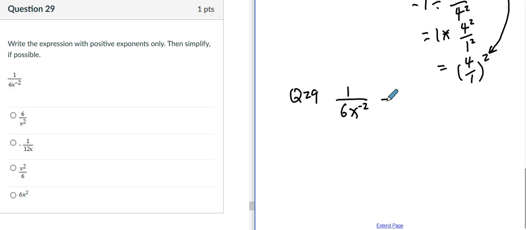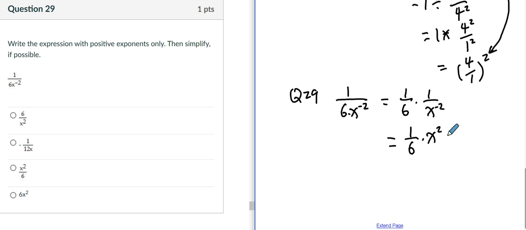In this case, this negative 2 exponent is only on x, it's not on 6, because there is no parenthesis. So what you want to do is like this: 1 over 6 times 1 over x to the negative 2. As we did before, if here is 1 over x to the negative 2, you simply flip it up.